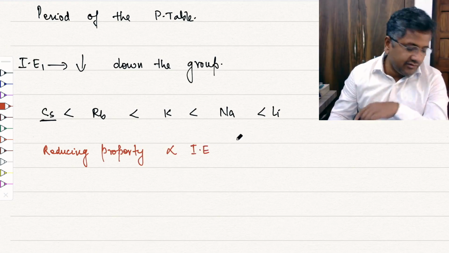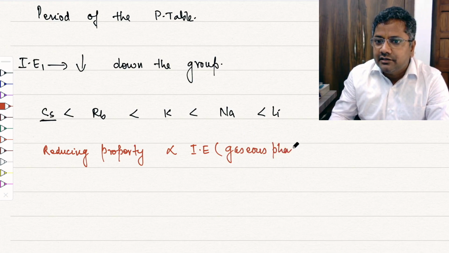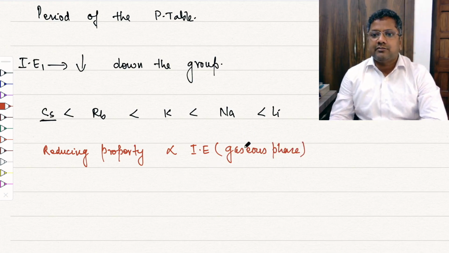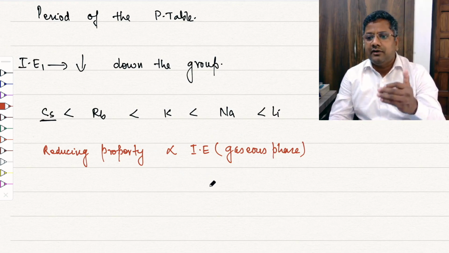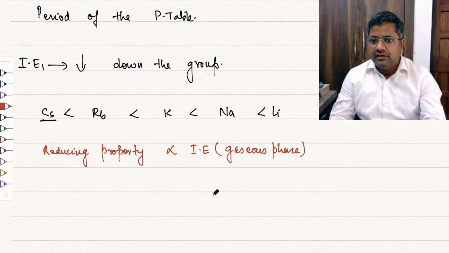And since ionization energy is defined in the gaseous phase, you cannot use this concept to explain the reducing property for molecules or species in the aqueous medium or in the molecular form, right?